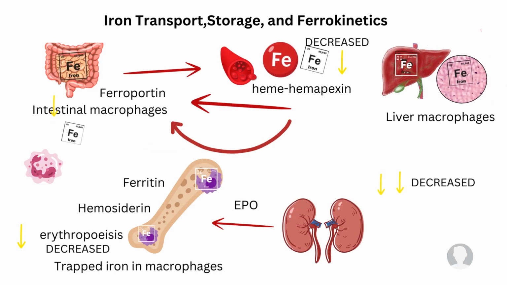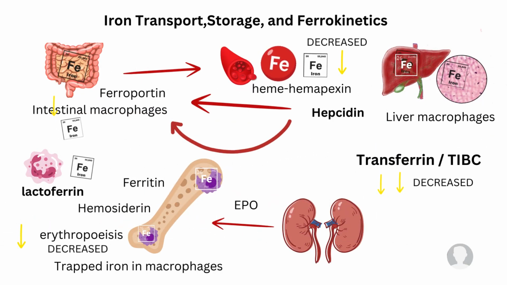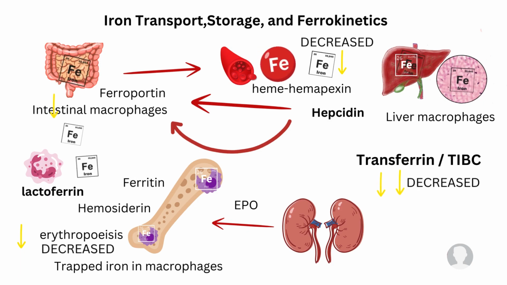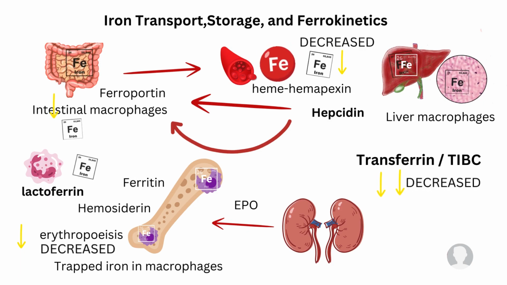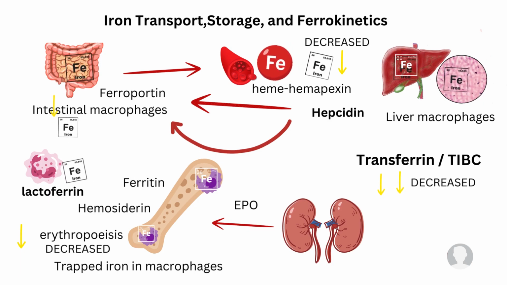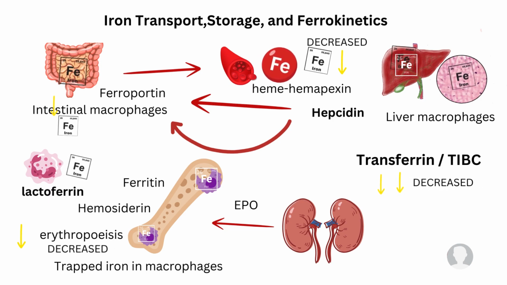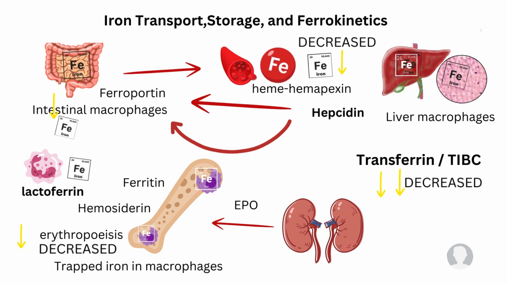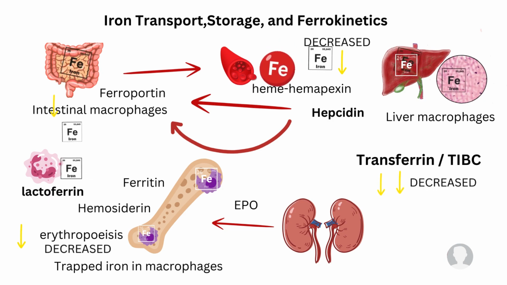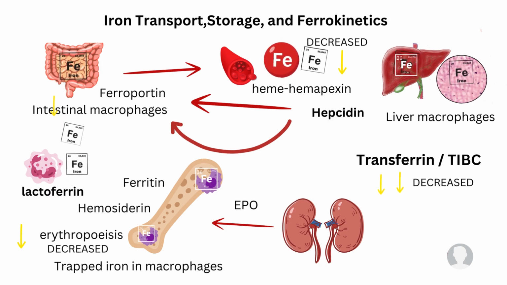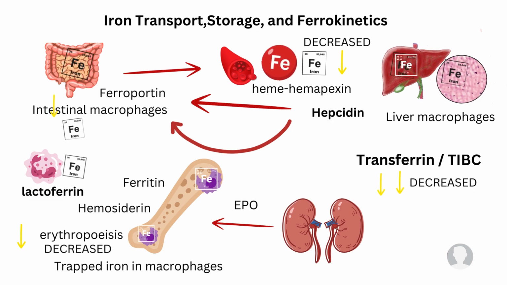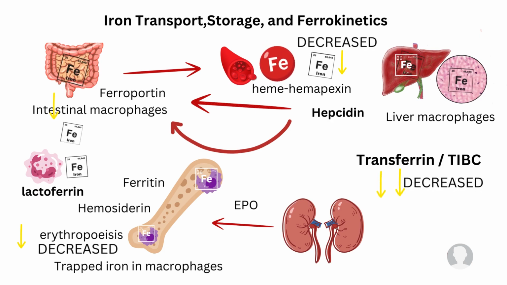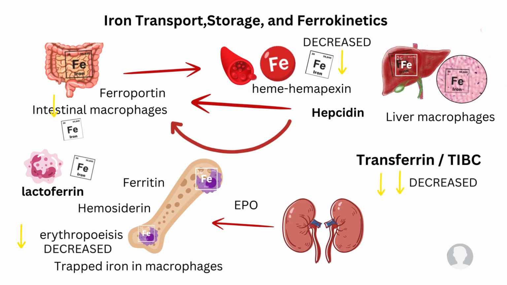So we see that iron transport, storage, and ferrokinetics are both fascinating yet very complicated. But let's have a few take-home messages from the schematic. We already know that hepcidin, the hormone secreted by the liver, is an acute phase reactant, and it has a regulatory function for intestinal macrophages on iron absorption, and also ferroportin.